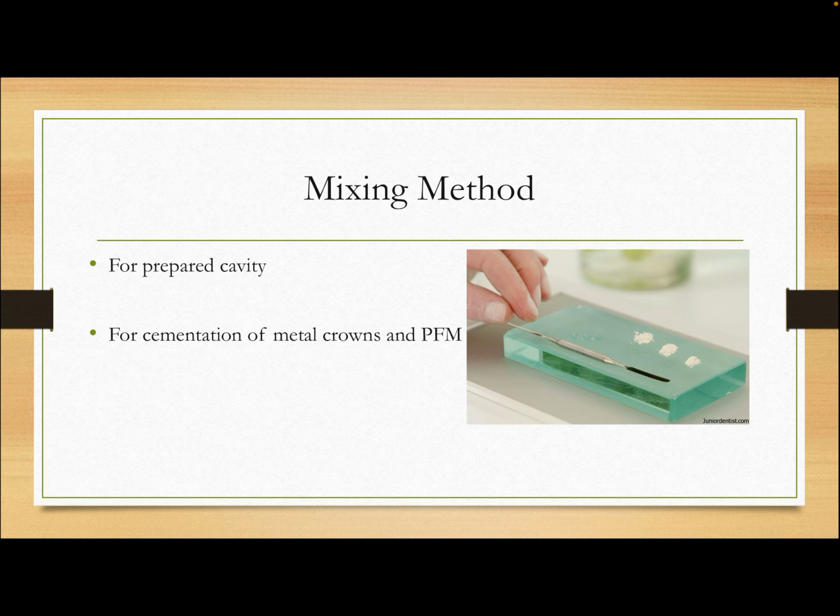For the cementation of crowns and PFMs, or porcelain fused to metal, the polycarboxylate cement must be allowed to set while metal and prepared tooth surface are compressed together. For this reason, it is advised that the patient bites hard on a cotton roll without relaxation until the cement is set, thus removing the excess and thinning the film so it improves the bond.